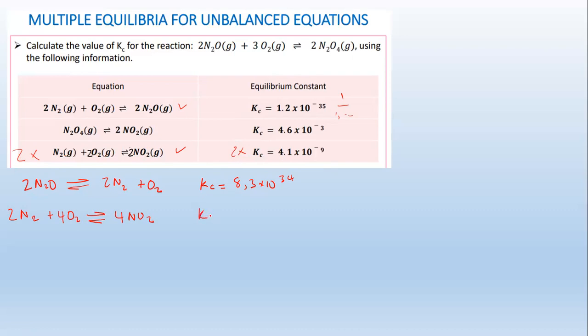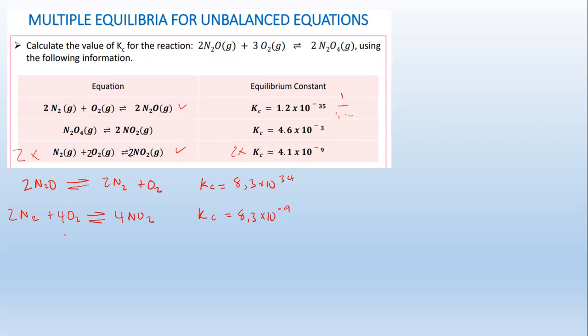So the new Kc value, on my calculator, is 4,1 times 10 to the power negative 9, and I multiply that by 2 as well, and then I get 8,3 times 10 to the power negative 9. This is what I get.